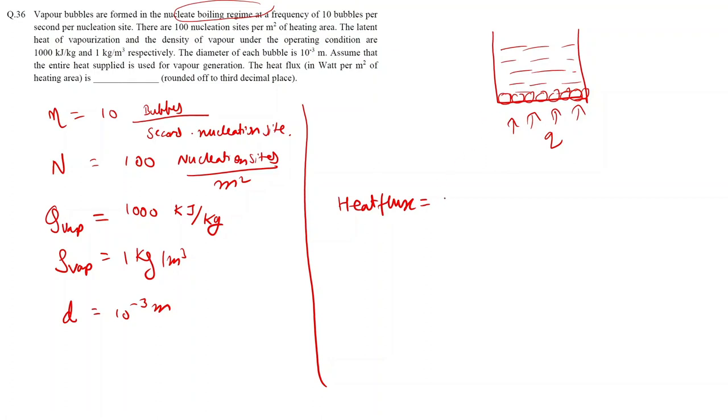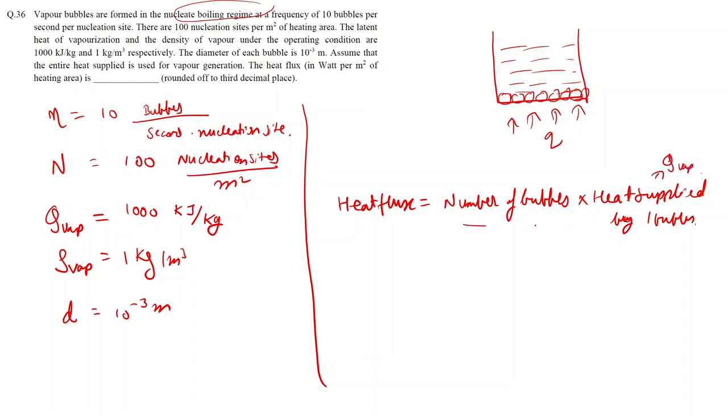So the total heat flux we can write as the number of bubbles into the heat supplied by, let's say, one bubble, and this we have been given as Q vaporization. So ultimately we have to find the number of bubbles and then multiply it by Q vaporization, and we can get the total heat flux.